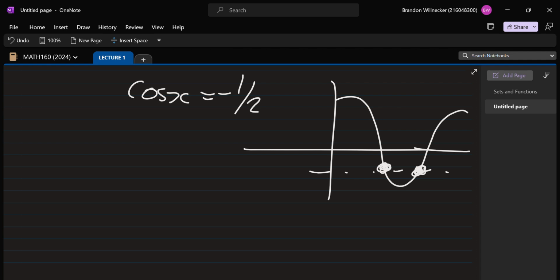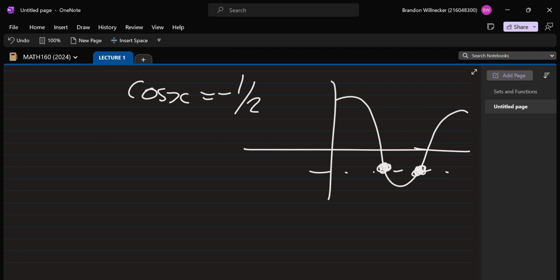Okay, same thing here. Now that first solution, quickly check on your calculator, what is it going to be? A little bit after 90. It's a special angle, so you should know it immediately, but 60. No, it won't be 60. 60 is where it's going to be positive.